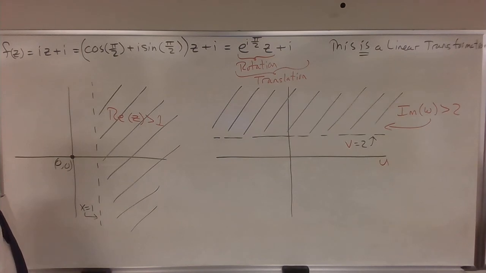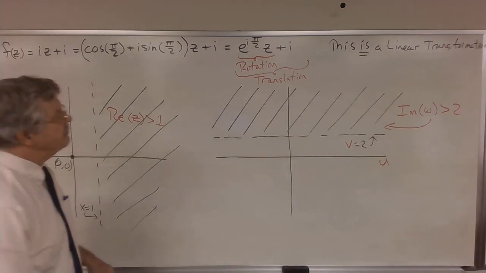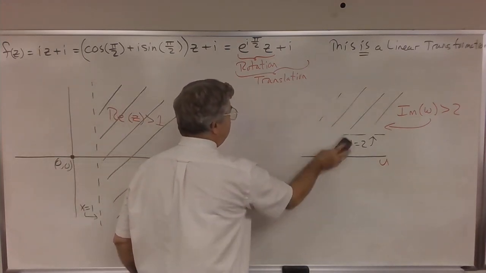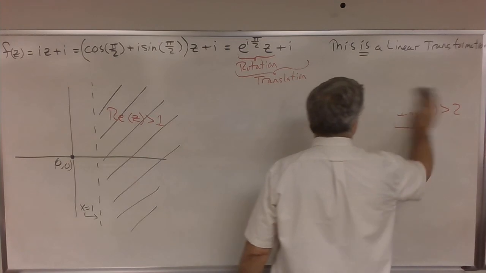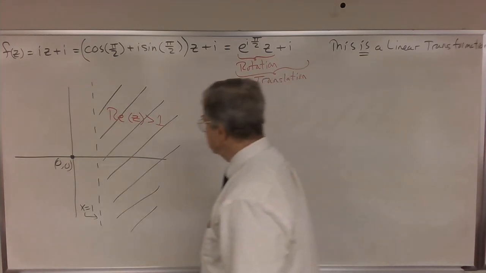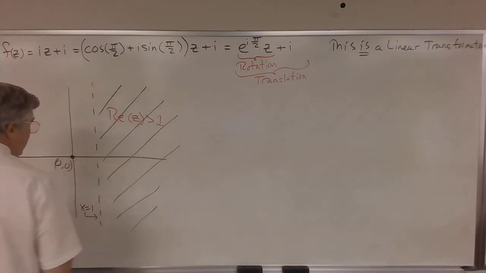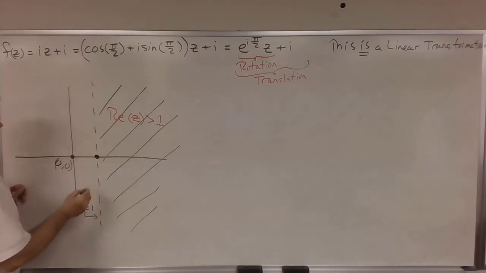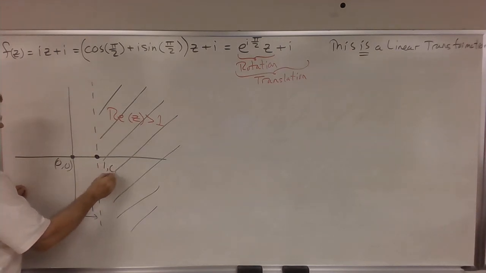Now, I guess this makes sense. Let me take this step by step and do the rotation first. I'm going to draw attention to this point right here. This point is 1, 0.